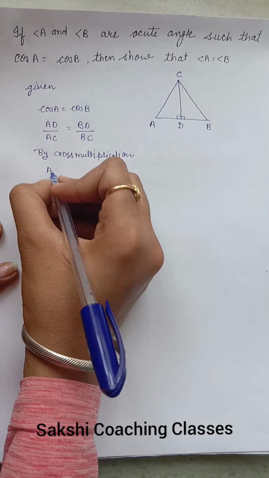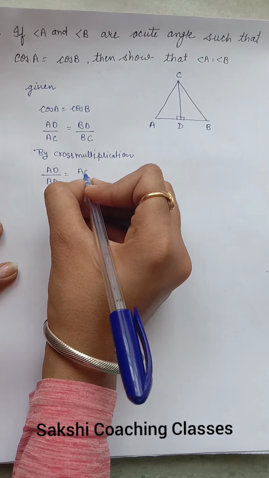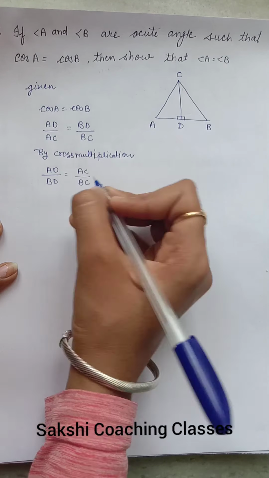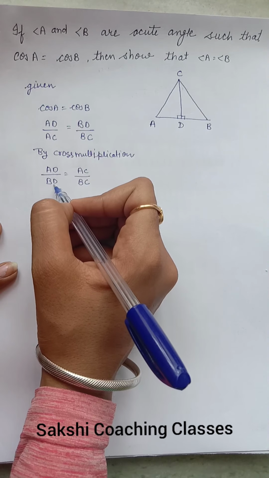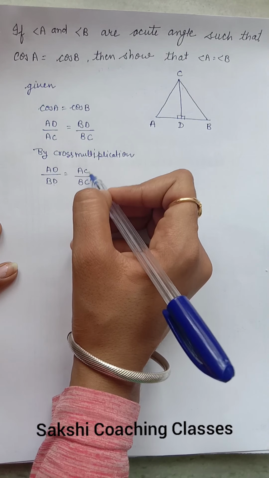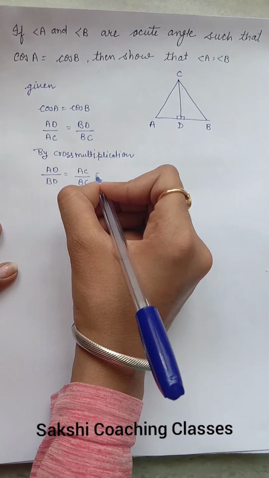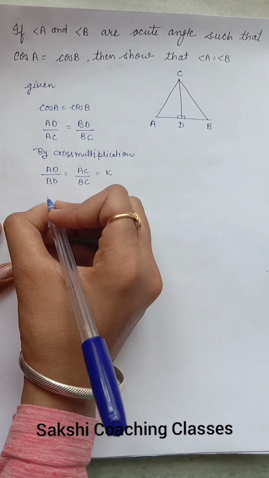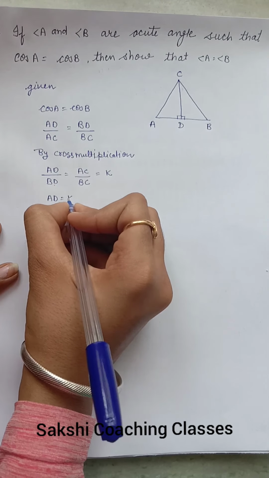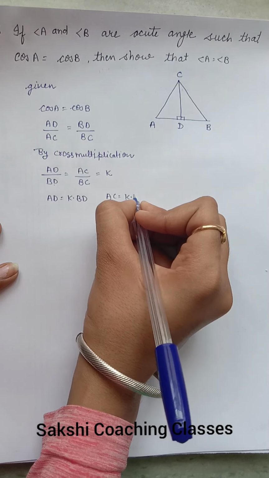We can write AD upon BD is equal to AC upon BC. These are both the bases of the triangles, and these are both the hypotenuses. Let it equal K. So AD is equal to K dot BD, AC is equal to K dot BC.